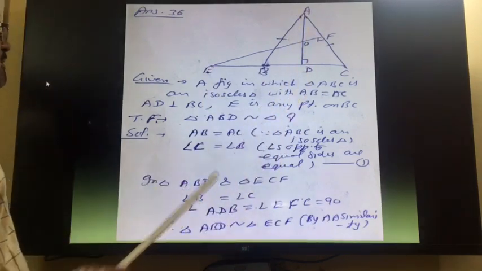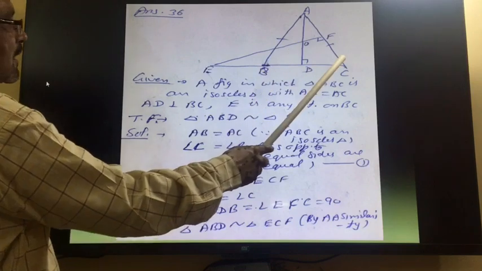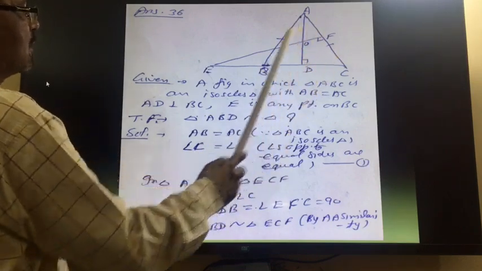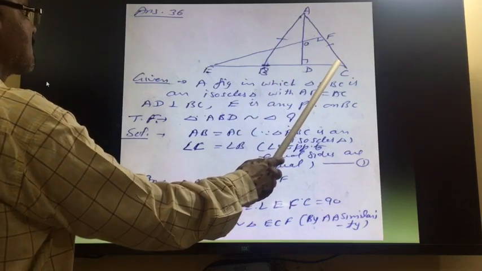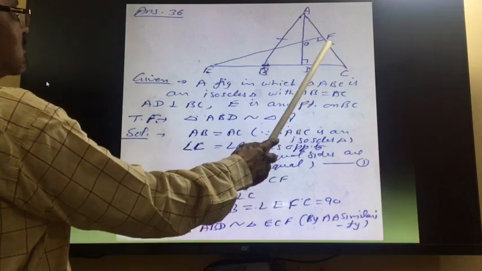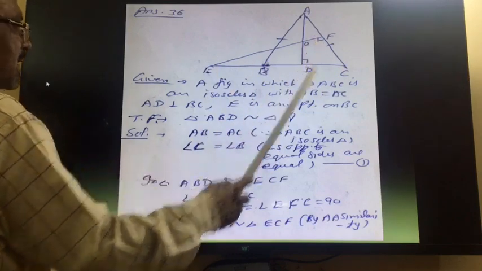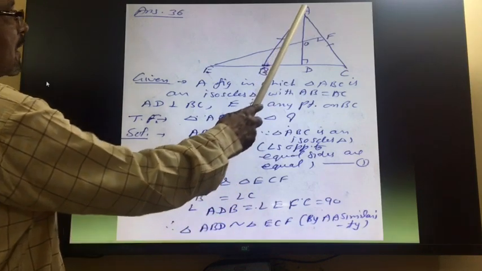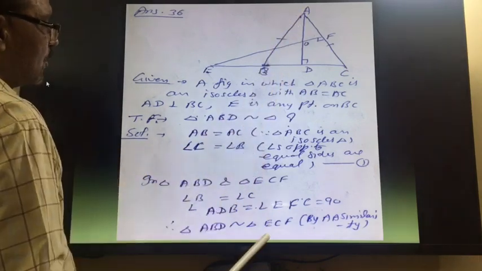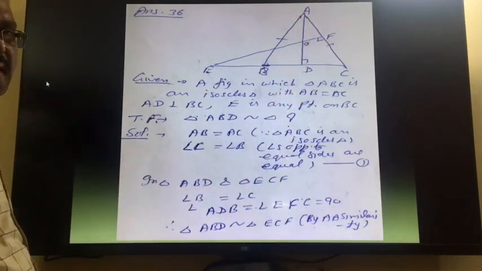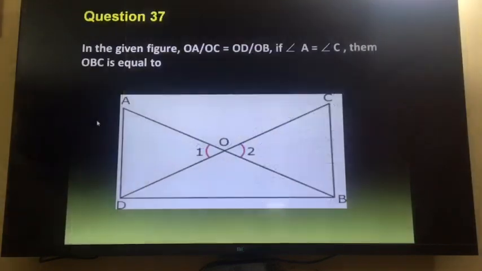In these two triangles, angle at B is equal to angle at C because these two sides are equal, and angle ADB is equal to angle CFE. Each angle is 90 degrees. So two angles are equal, then triangles are similar. So triangle ABD is similar to triangle ECF by angle similarity.